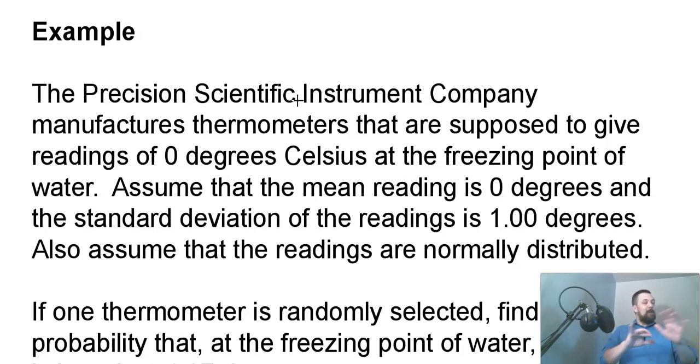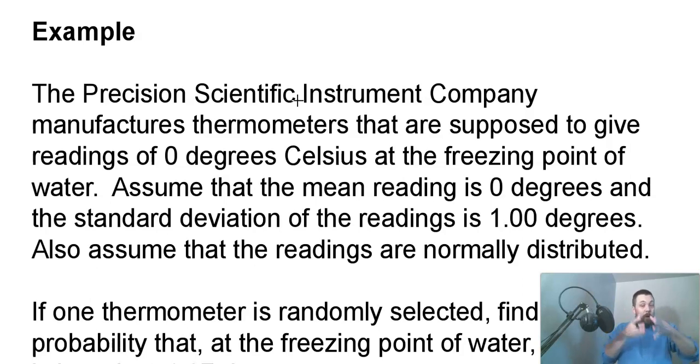We don't want to get into it, but if you take physics, the actual freezing point will also depend on your altitude because it's affected by pressure. So we're assuming we're at sea level, and I think at sea level, the freezing point of water is 0 degrees Celsius. So that's where they're testing these thermometers.